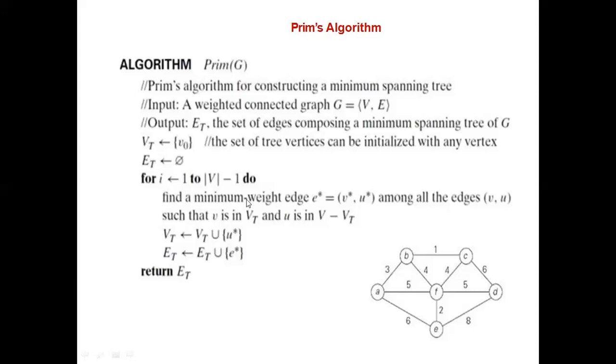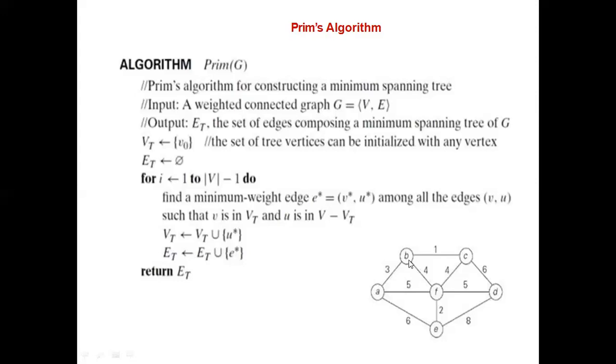So find the minimum weight edge E star, and once you find it, this is V star and this is U star. U star you should add to the vertex set of the minimum spanning tree, and the edge you have found with minimum weight, that is E star, you should add to the edge set of the final spanning tree.